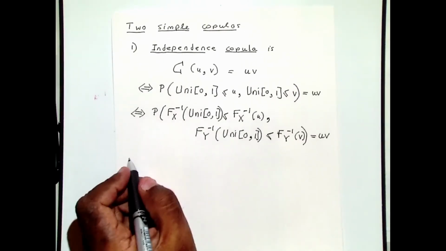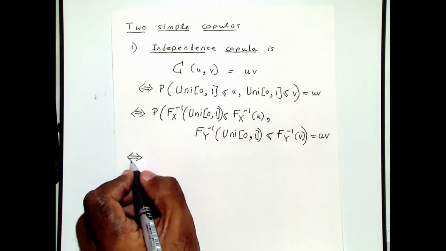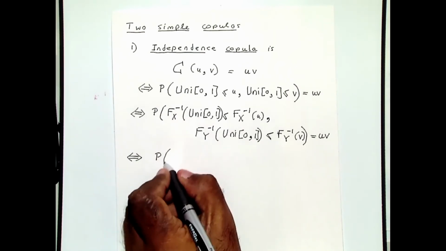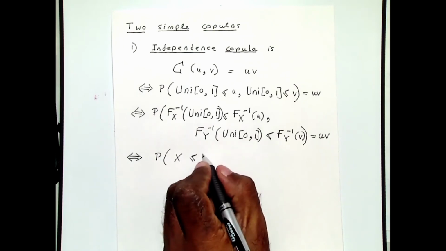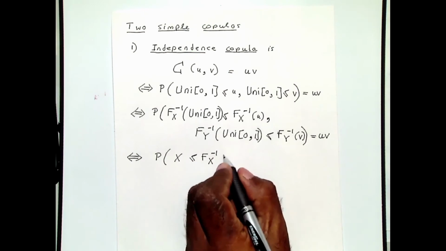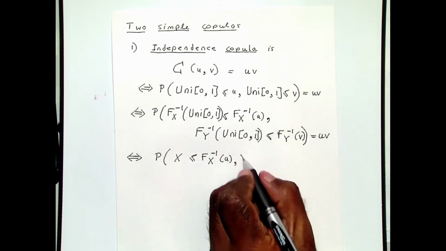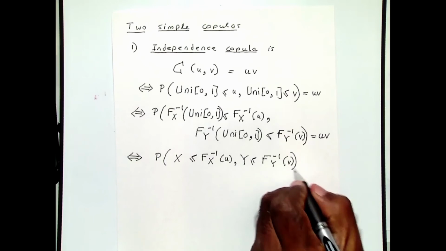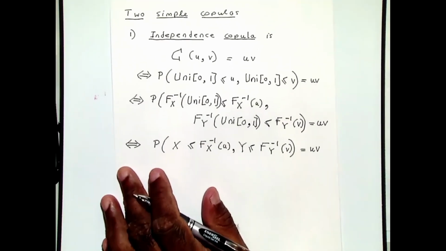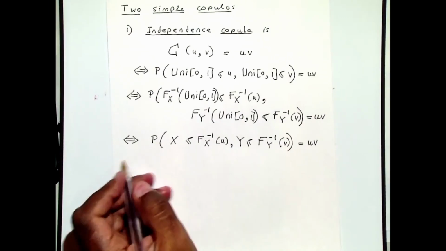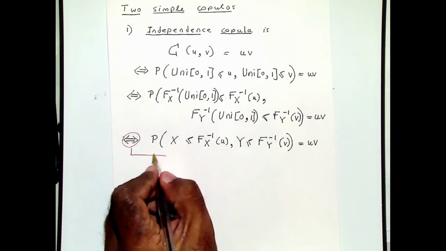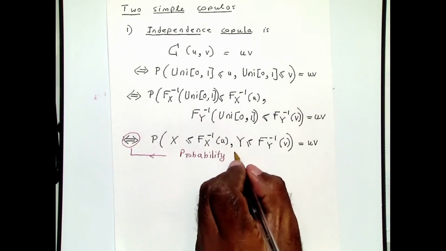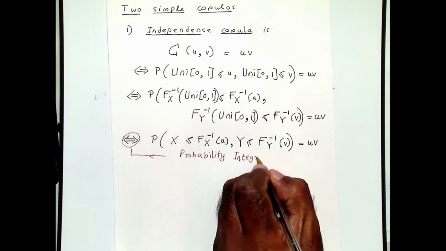Now, by the probability integral transformation, this guy here is simply X, less than or equal to, and this guy here is Y. This step once again follows by the probability integral transform.